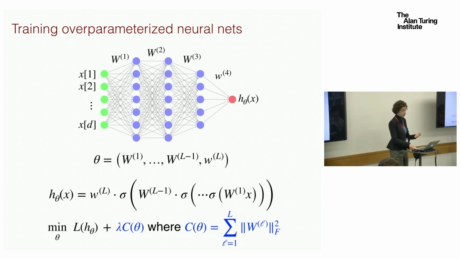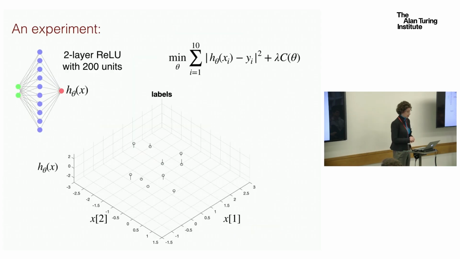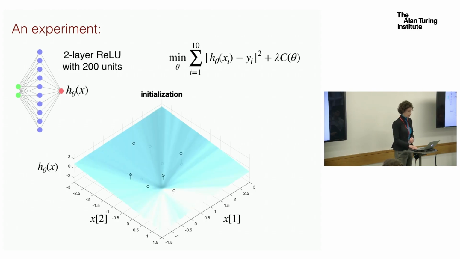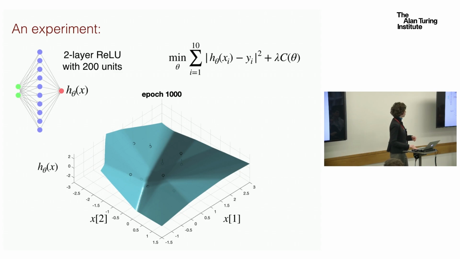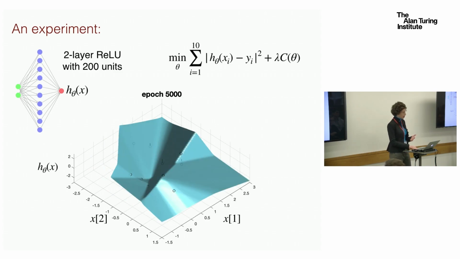First of all, let me show you a little experiment. I'm going to have just a single hidden layer with 200 units, and all my training data is in 2 dimensions. I'm going to take 10 different points, which I've plotted here, and try to learn a function h theta of x that is a good fit to all these points using this regularized cost function. I start with some initialization and go through a stochastic gradient descent training regimen.